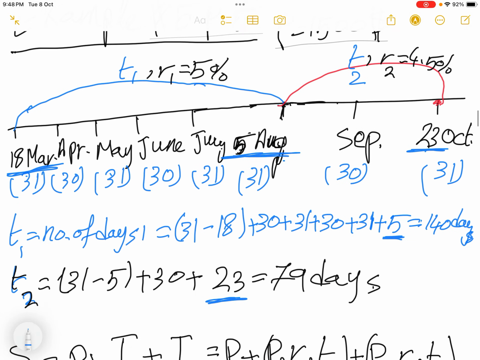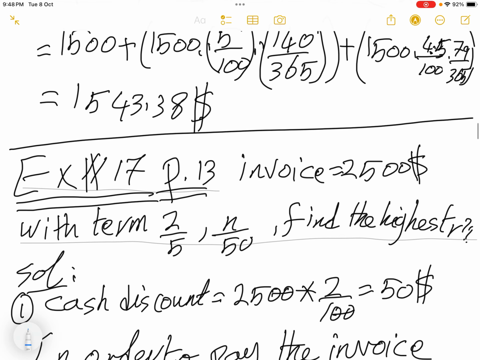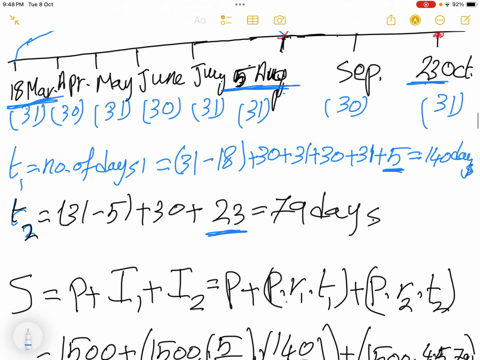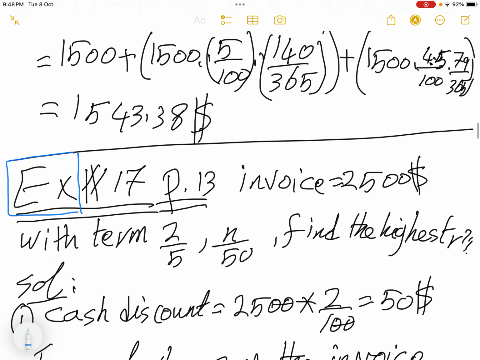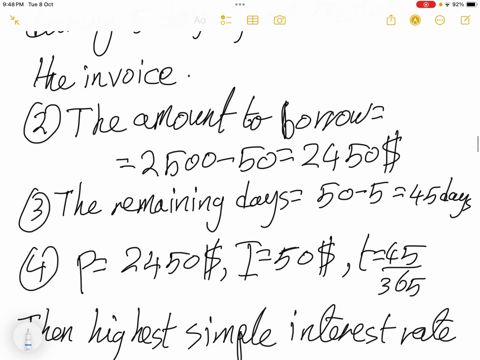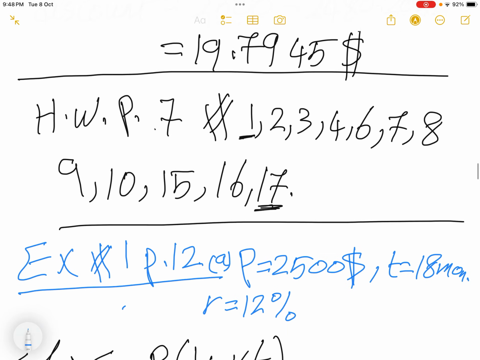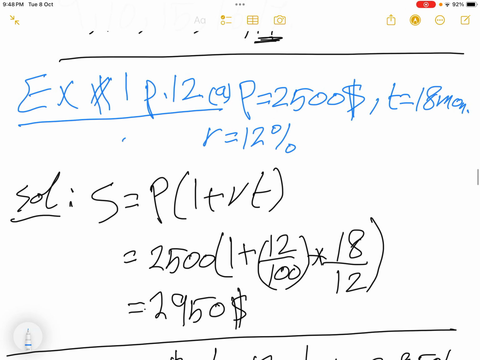In order to solve, we must write exercise. But if I discuss an example, I will write example. Here, exercise 17, page 13, invoice. I will solve question number 1, and after that I will return back to 17.